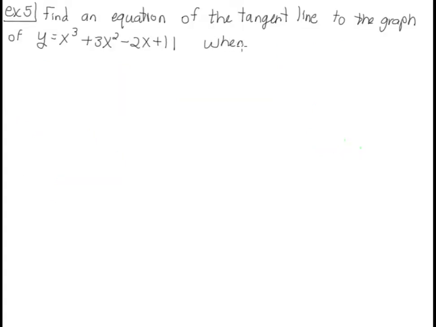Now let's look at finding the equation of a tangent line of the graph of y equals x cubed plus 3x squared minus 2x plus 11 when x is equal to -1. So instead of using our limit definition of derivative, we're going to find our derivative using our basic differentiation rules.